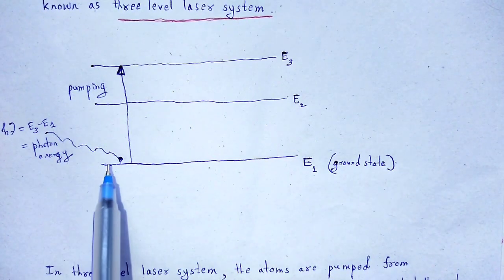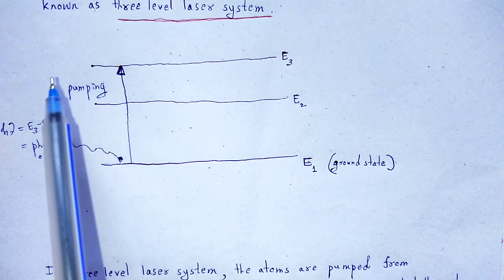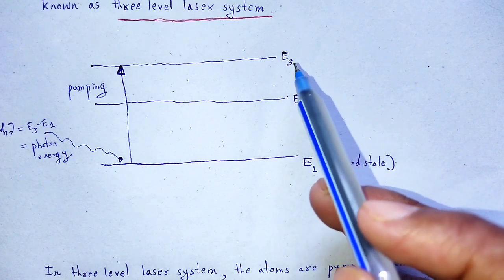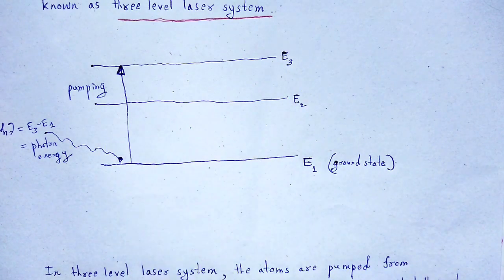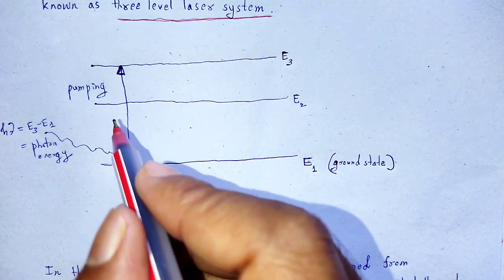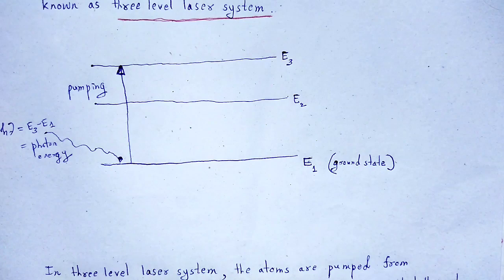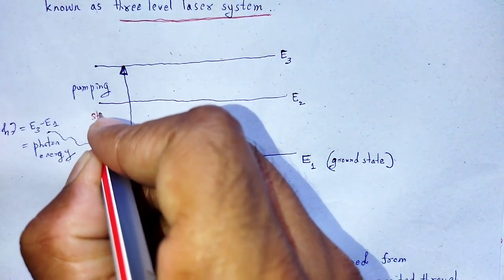When that amount of energy is introduced by the method of pumping, the ground state atoms are excited to energy level E3, and that process is stimulated absorption.